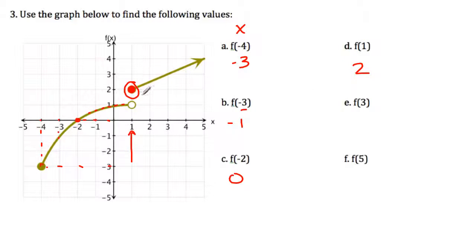Do you catch that? F of 3: when x is 3, y is 3. And f of 5: when x is 5, y is 4. Cool. So that's how we're using graphs to find values. Thanks for watching.